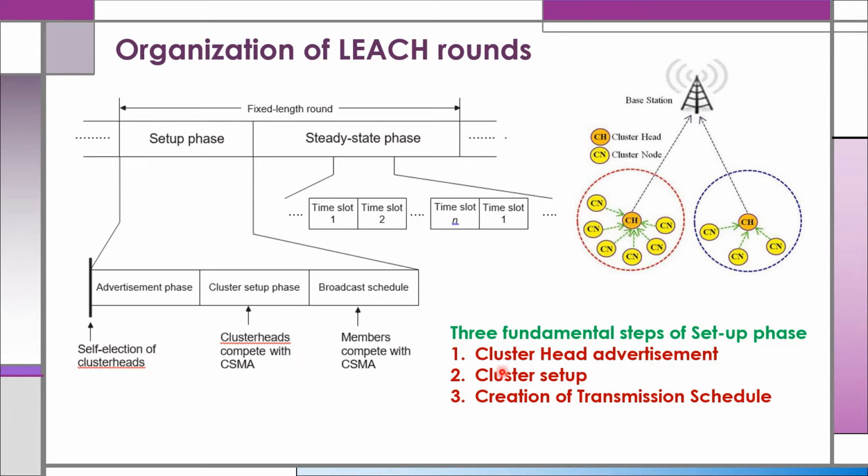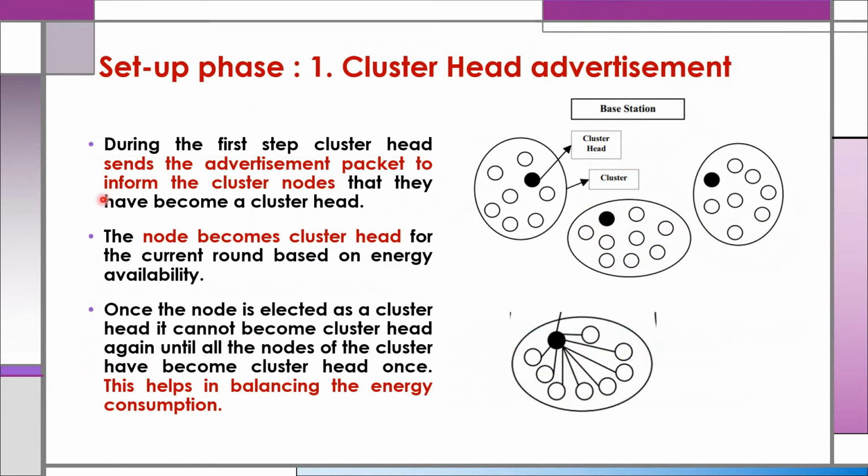So we are going to discuss one by one what is the meaning of the cluster head advertisement. In the first phase of operation, the first operation is called cluster head advertisement. What are they actually performing? Within this particular region, this particular node has already acted as a cluster head.